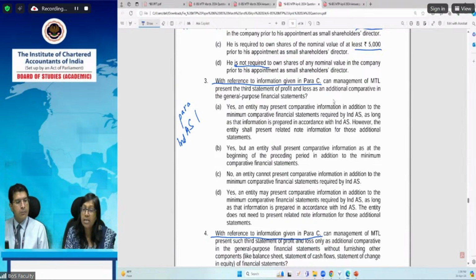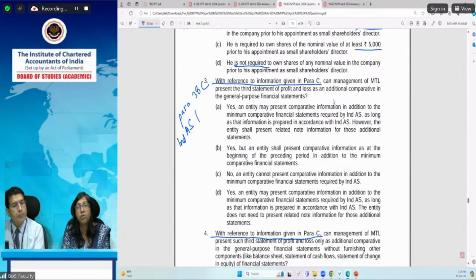So as per Ind AS 1, para 38C. Please note down this para. This para number is only for your reference so that you can go to Ind AS 1 and cross-check what is given in para 38C, but you are not supposed to quote this para number in your examination.